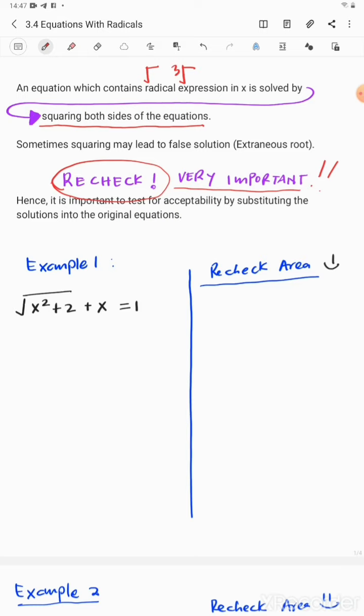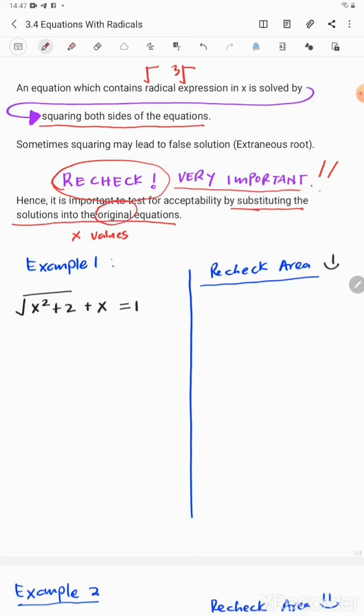What is rechecking? It is important to test for acceptability by substituting the solutions into the original equation. So you have to substitute the x values into the original equation.